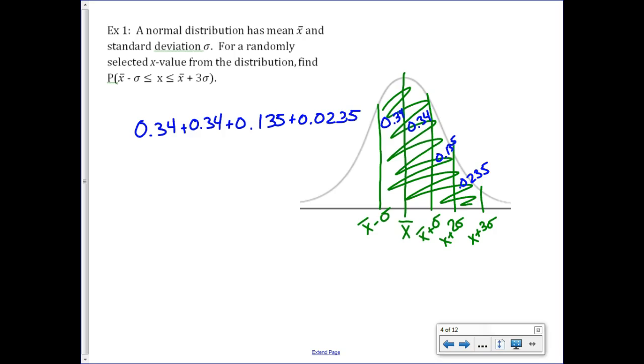If we add all of those up, then the probability would be 0.8385 or about 83.85%. So you do need to know the breakdown of the standard deviations. The nice thing is it's symmetric on both sides, so that should help you out.